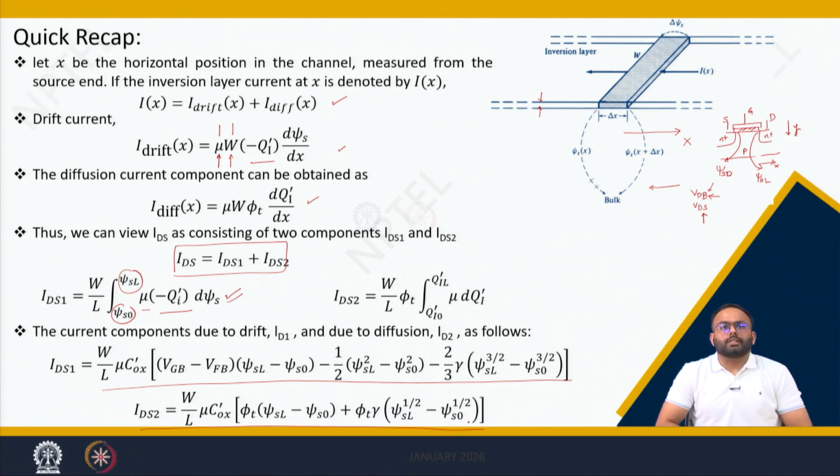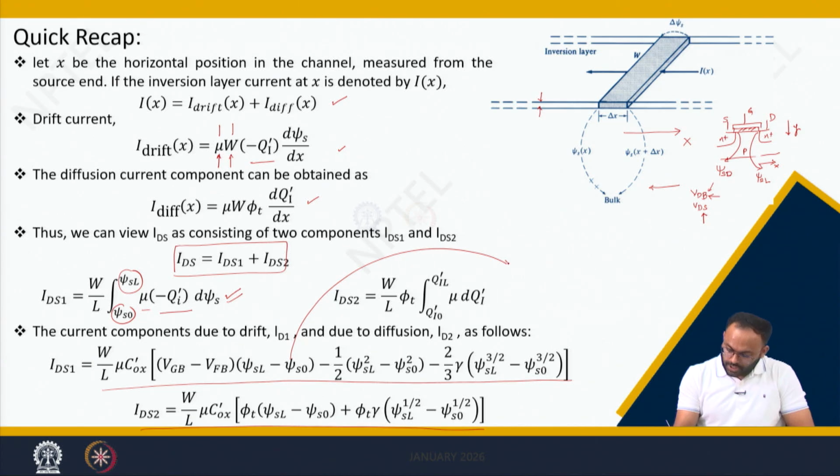The only thing left is to calculate psi SL and psi S0 in terms of Q dash and the applied voltage. It means, can I calculate the surface potential psi S0 or psi SL as a function of applied voltage, because I need to relate the surface potential and the inversion charge inside the body with the terminal voltages.